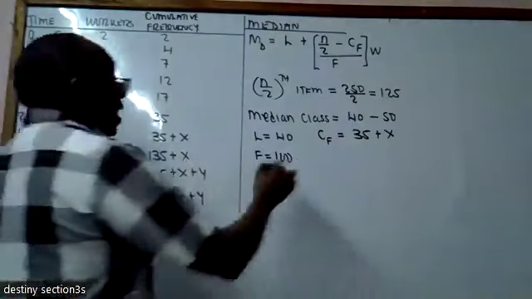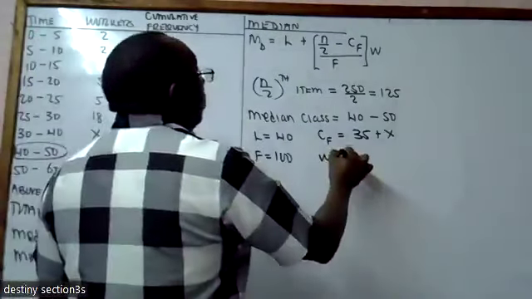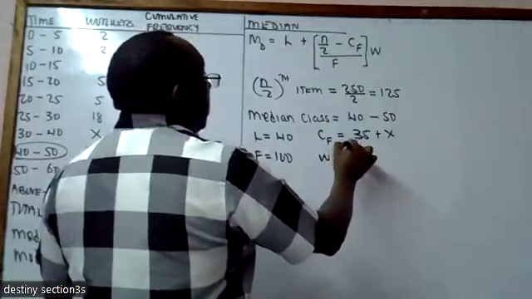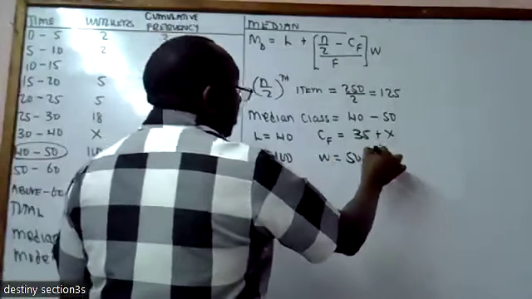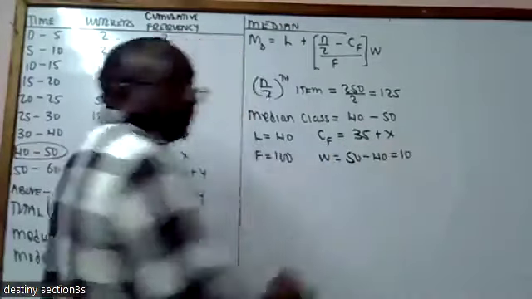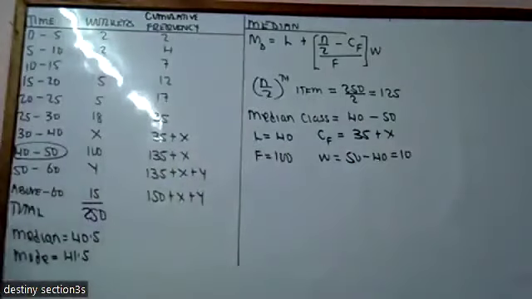And then width will be 50 minus 40, which is 10.